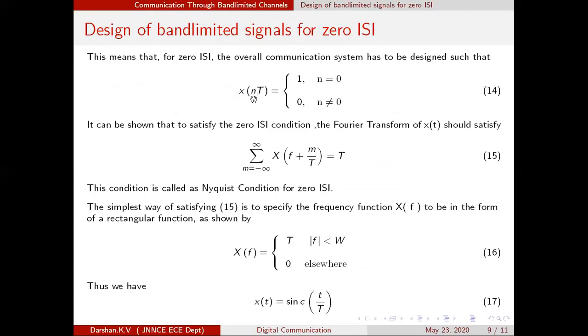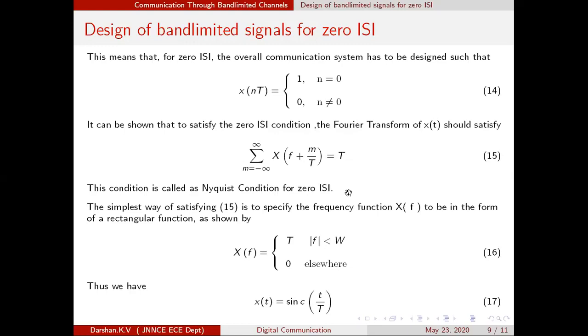To achieve this, x of nT is equal to 1 and 0. To achieve this particular condition, the Fourier transform of x of t should satisfy the condition: the summation of X of f plus m by T is equal to T. So collectively equations number 14 and 15 are called the Nyquist condition for 0 ISI.